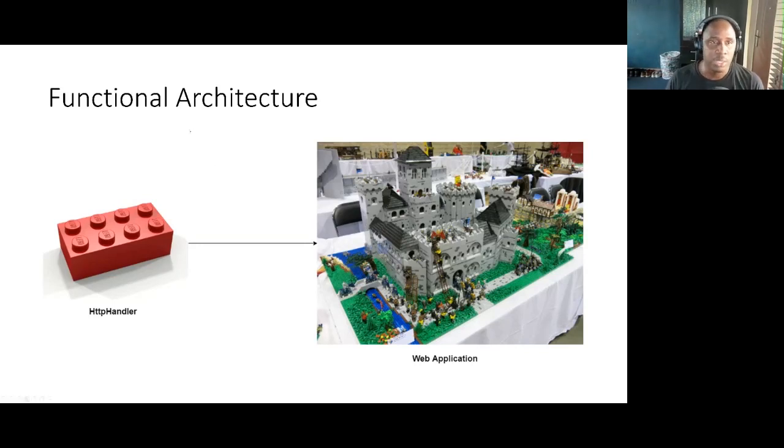So in terms of Giraffe, that smallest component would be the HTTP handler, which is similar to a single brick of Lego. And then you combine it in interesting ways to form your web application, right? So the entire web application with routes and checking for get, post, put, delete, and all this kind of stuff. That's what the functional architecture looks like.